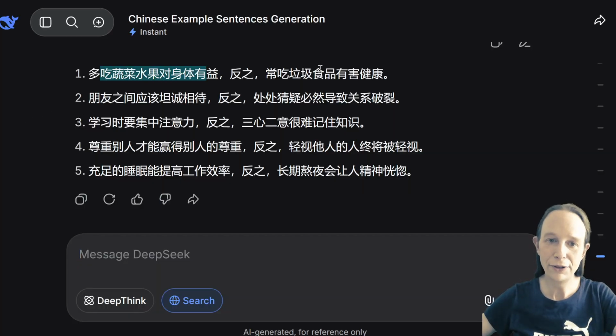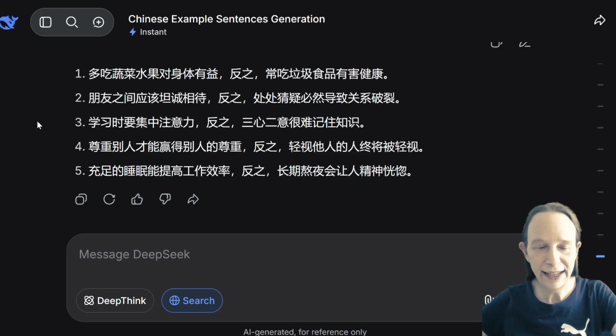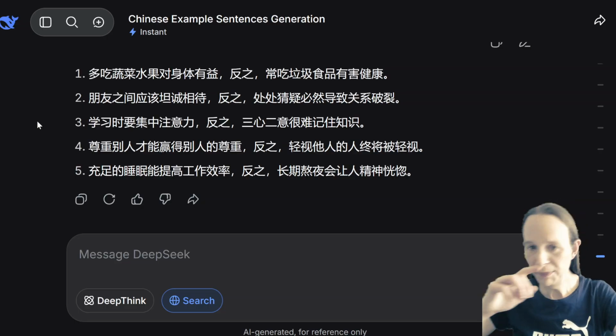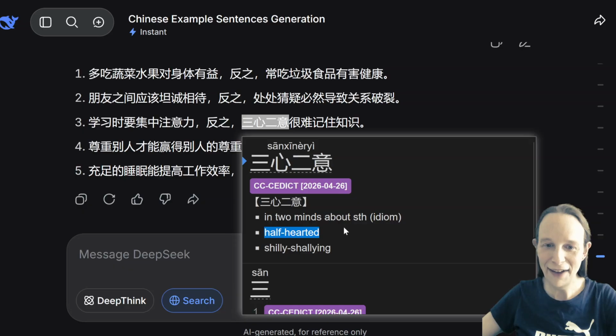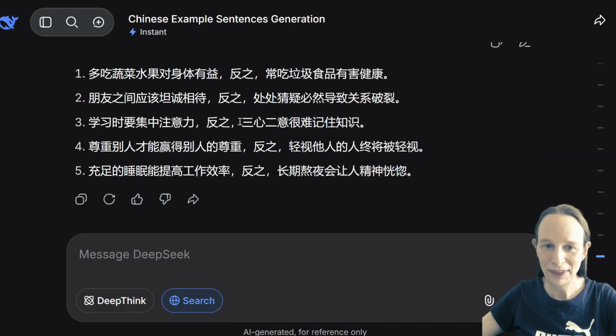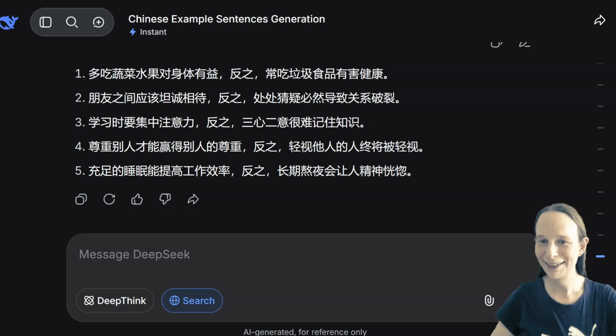So this is true and this is true and this is the converse of it. 朋友之间应该坦诚相待，反之，处处猜疑，必然导致关系破裂. 学习时要集中注意力，反之三心二意. You know this 成语? Constantly distracted or something. Half-hearted. It's the opposite of concentrating, right?